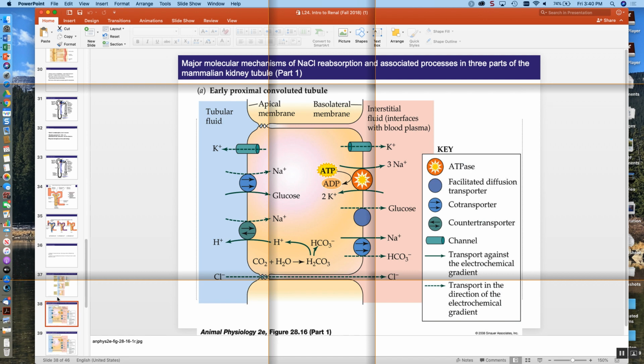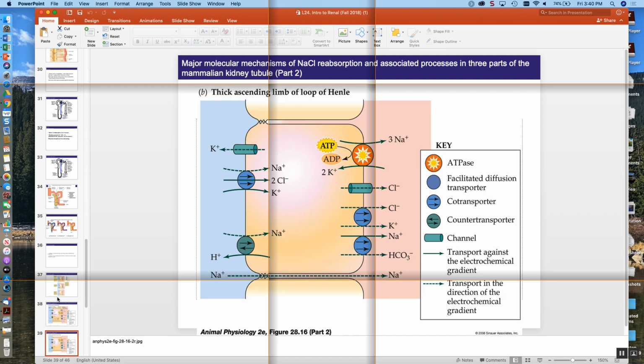It's happening in the thick ascending limb. They just took it out for simplicity's sake. This is really all about salt reabsorption, but there are no aquaporin channels, so water can't follow that solute movement. That's why the thick ascending limb is the diluting segment.